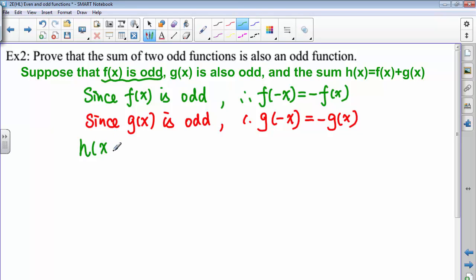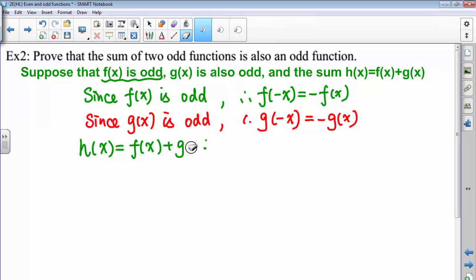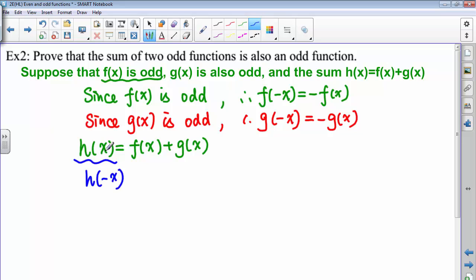h of x is f of x plus g of x. If we want to determine whether this one is even, odd, or neither, we plug negative x in for x.